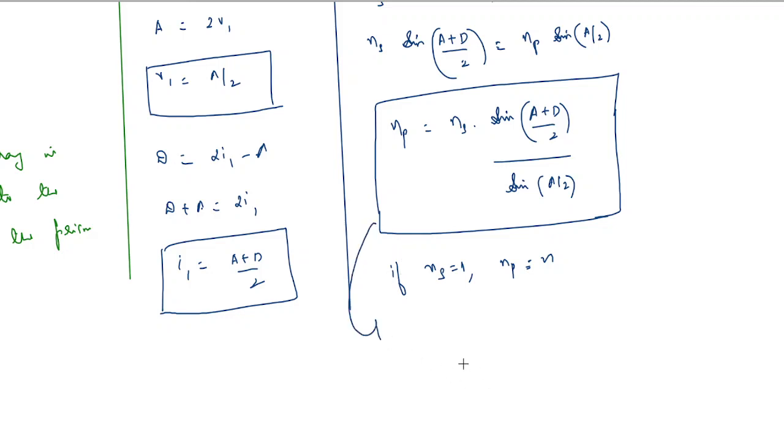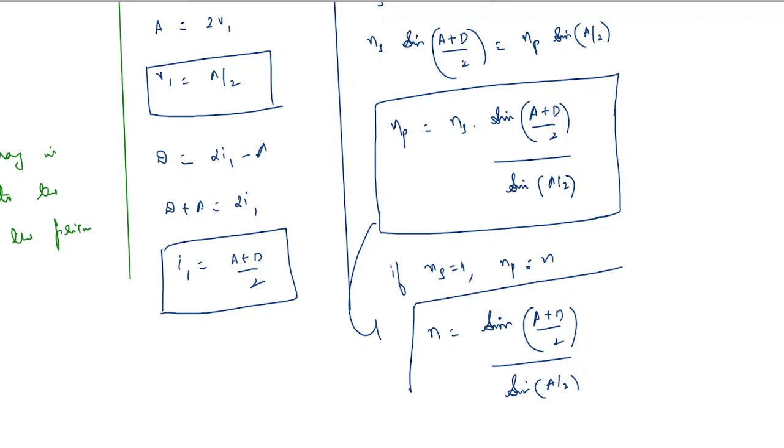Therefore, this equation becomes n is equal to sine of (A plus D) by 2 divided by sine of A by 2. So this is what most books will write. But remember the general form, because these general forms are more useful for numericals.